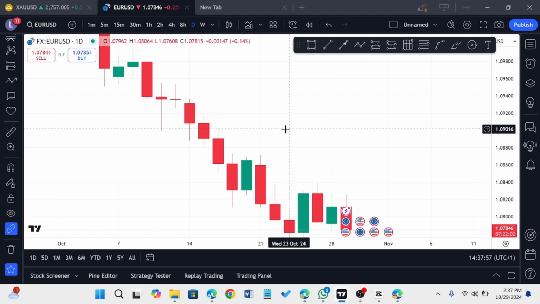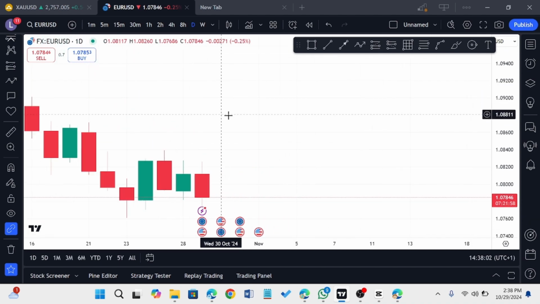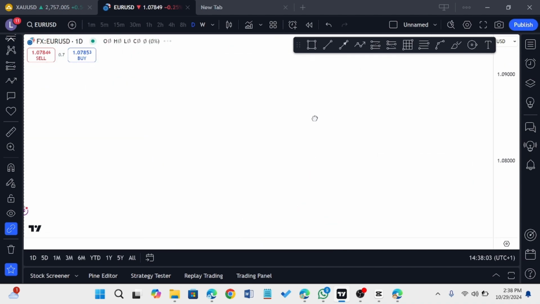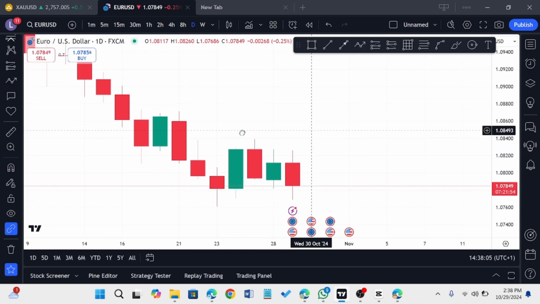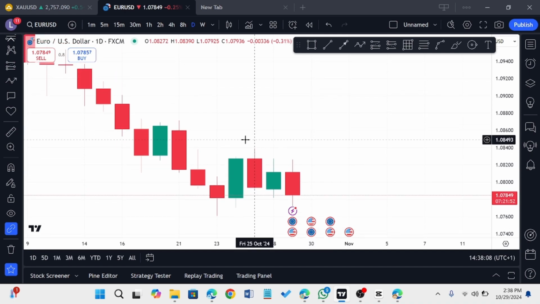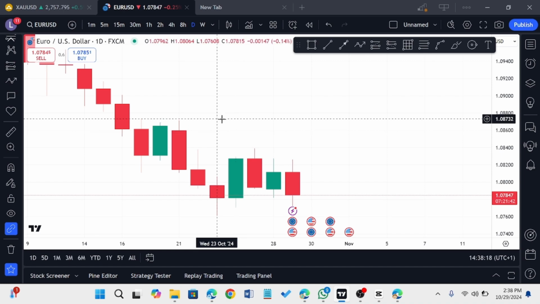So this is the Euro USD chart on the daily time frame, and this is TradingView platform. So let's get started. The foundation of pivot point analysis lies in its mathematical calculation and precision.